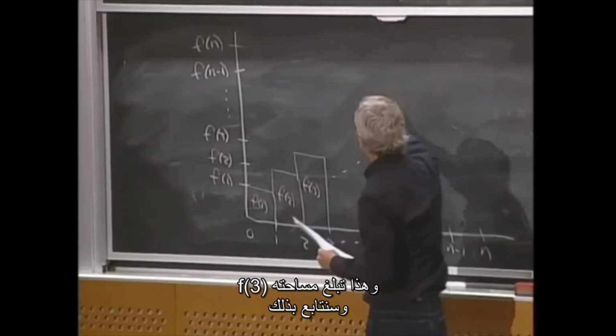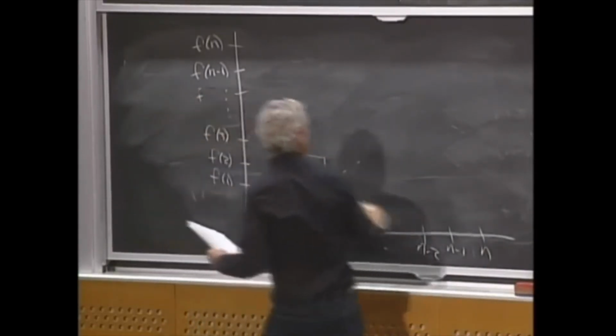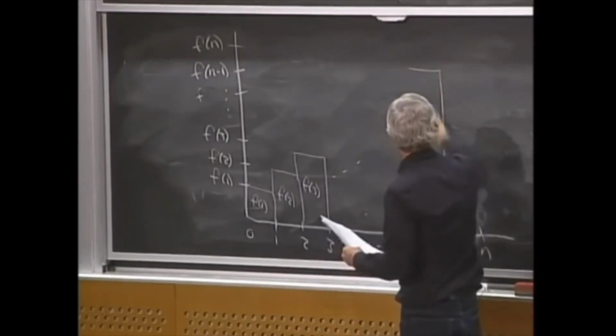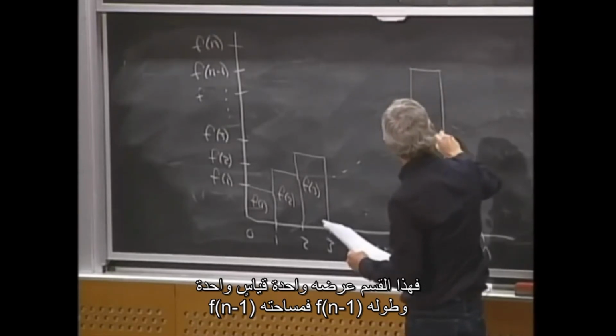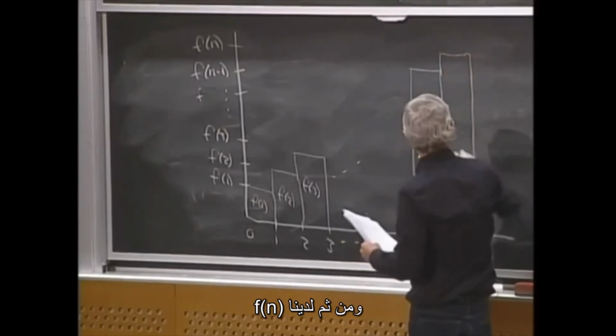This will be f of n minus 2 on this one. I'll just do f of n minus 1. Draw this guy here. So its unit width, its height is f of n minus 1. So its area is f of n minus 1. And then f of n.